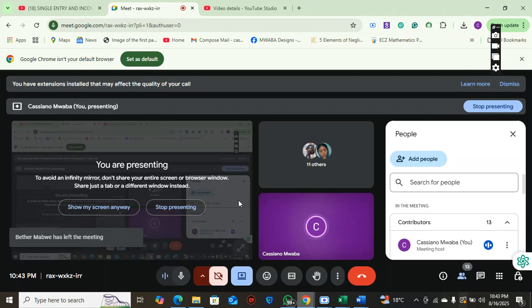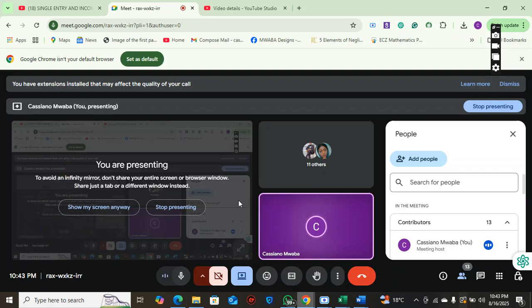Which one? The one on bank reconciliation. Okay, yeah, tomorrow we'll look at it. Tomorrow we'll have a class, I think from 16 to 19. We'll tackle bank reconciliations, manufacturing accounts, partnerships.